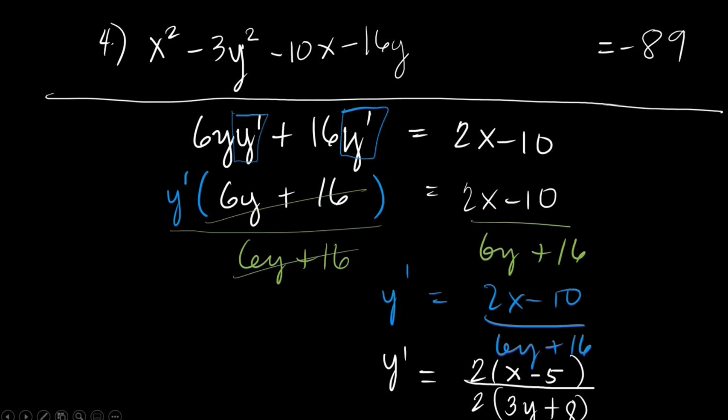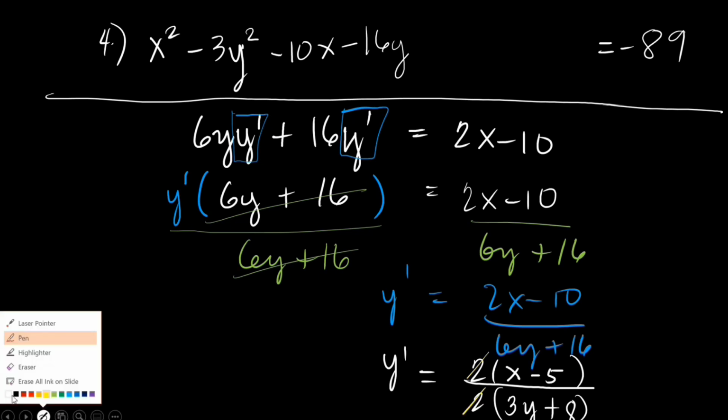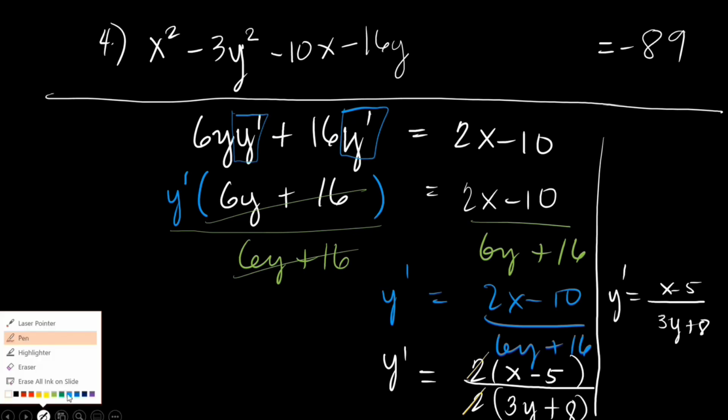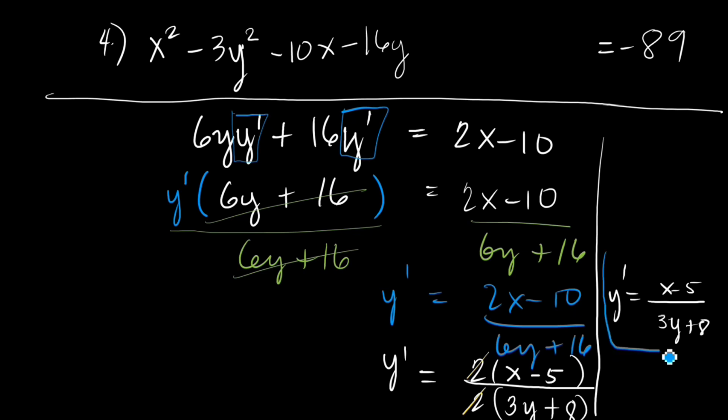Next, we can already cancel the 2 because it is common. So the answer here is y prime equals x minus 5 over 3y plus 8. So this is the final answer for this implicit differentiation of the given function.